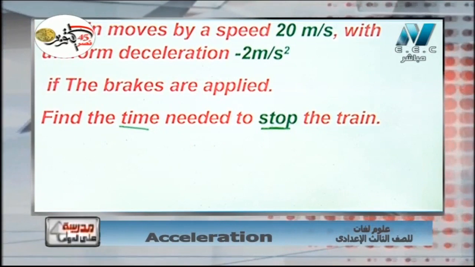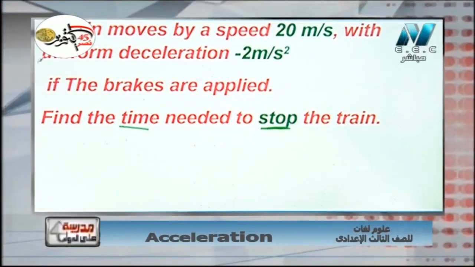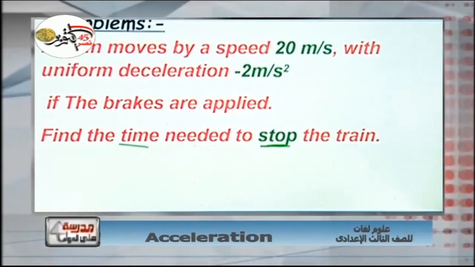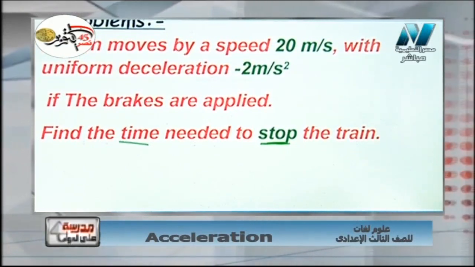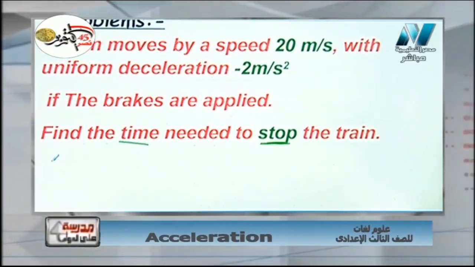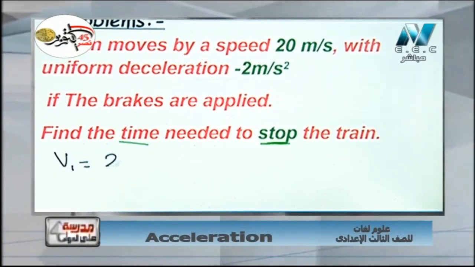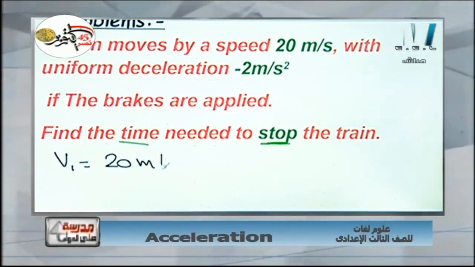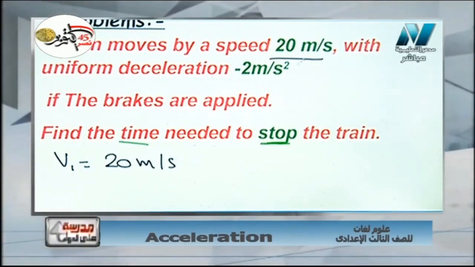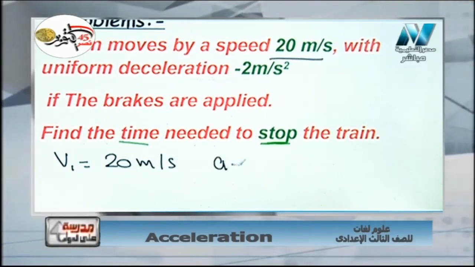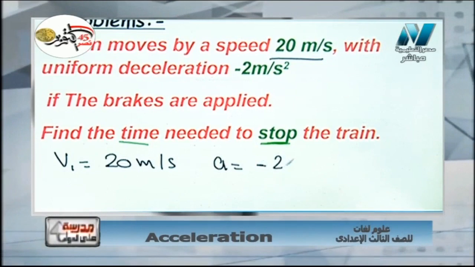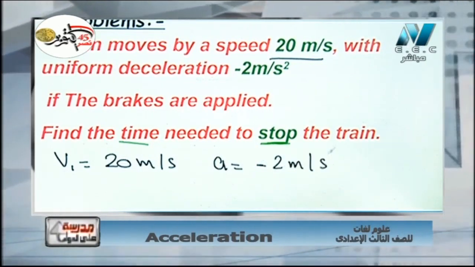We have to be careful, this is not ordinary talk. To stop the train, first we have acceleration, or we can start with V1 equals 20 meters per second. And the acceleration is given as negative 2 meters per second squared.